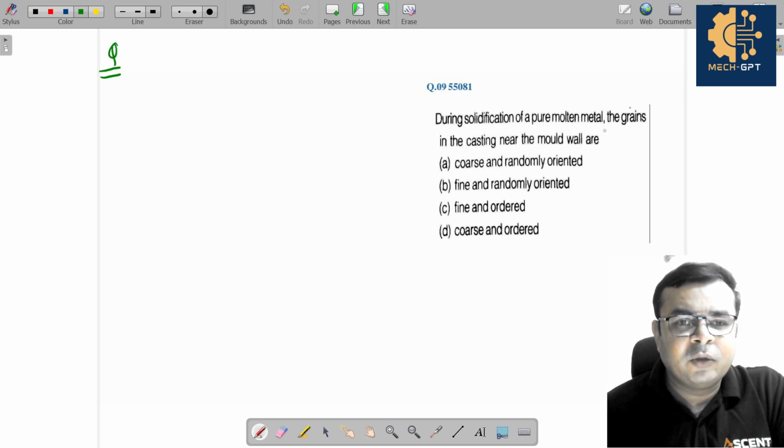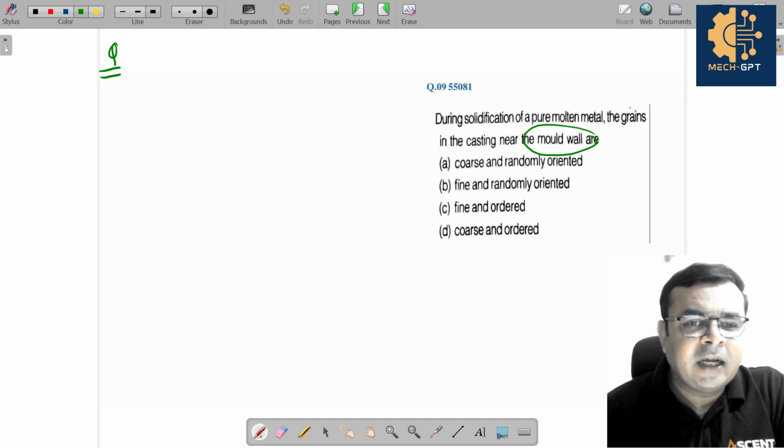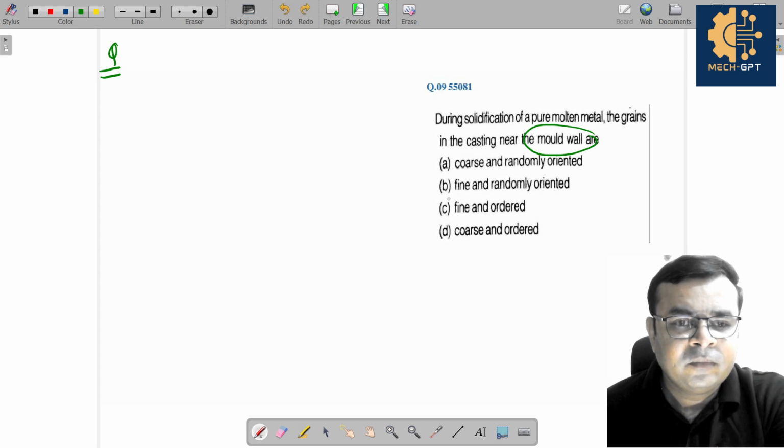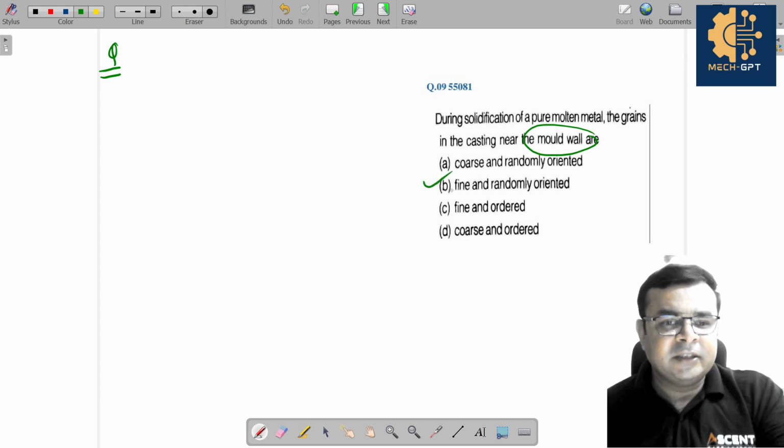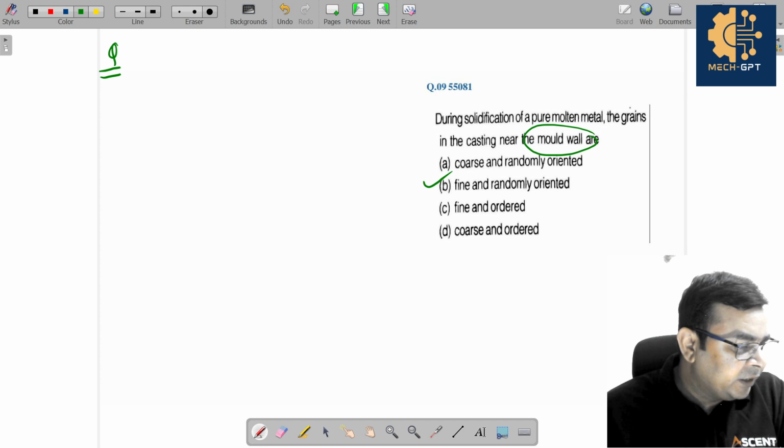During solidification of pure molten metal, the grains in the casting near the mold wall, you can see near the mold wall we always get fine and randomly oriented grains, correct?